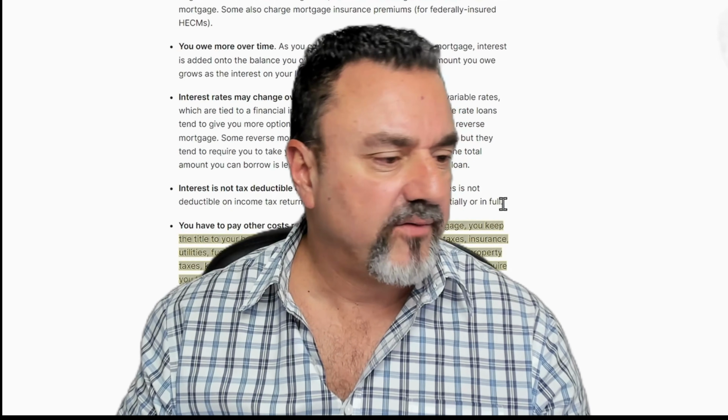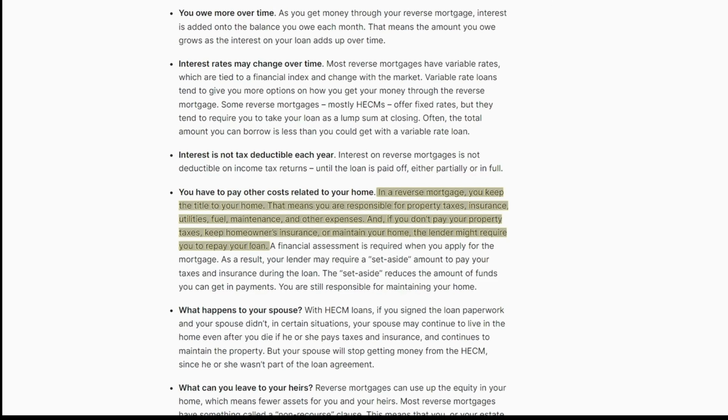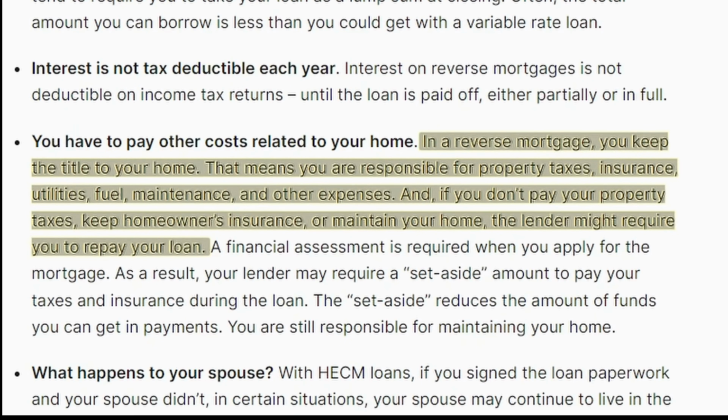Okay. So let's get into the nitty gritty of what a reverse mortgage is at this point. Let's continue down the page of the CFPB and see what else they have to say about reverse mortgages. You have to pay other costs related to your home. In a reverse mortgage, you keep the title to your home. That means you're responsible for the taxes, insurance, fuel, maintenance, and other expenses.